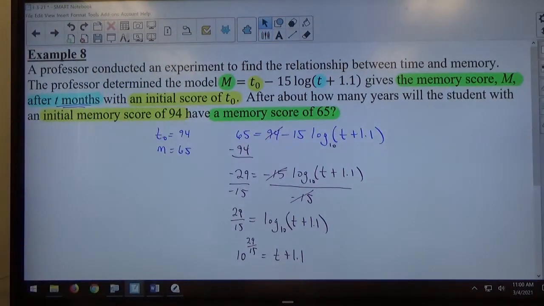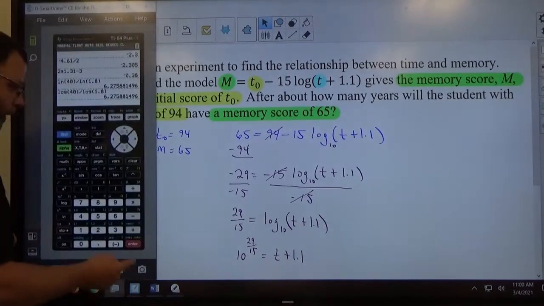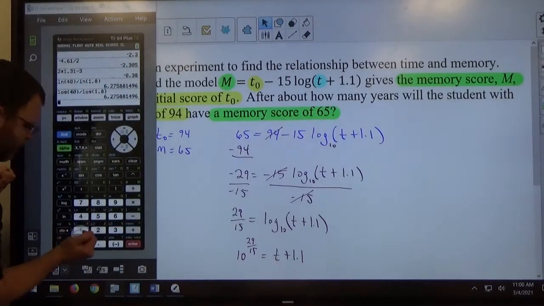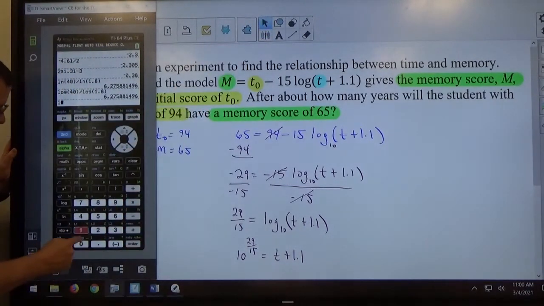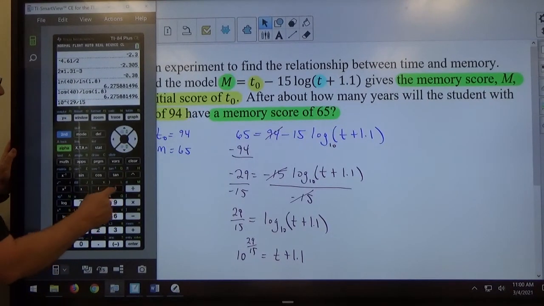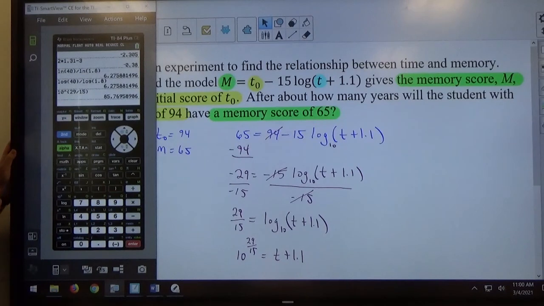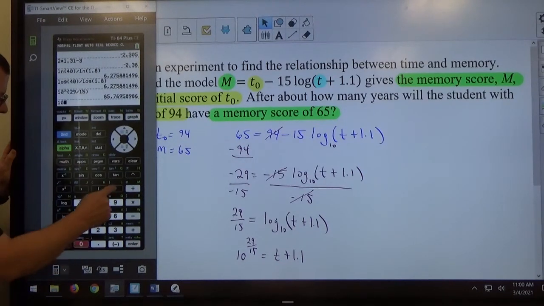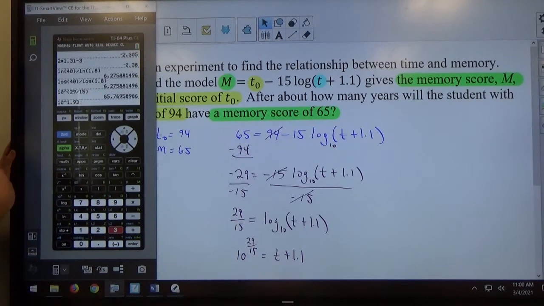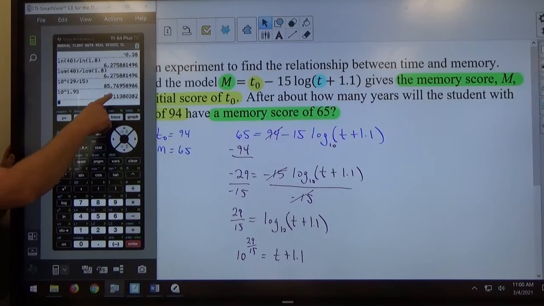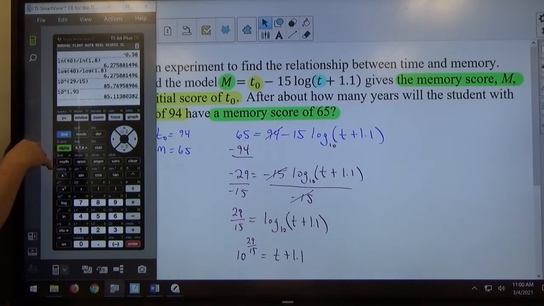At this point, now I do need to get a decimal. So I'm going to go 10 caret parentheses 29/15 end parentheses equals. If I do 10 caret 1.93, that's about the same as 29/15. Notice it's off by a bit: 85.76 versus 85.11.